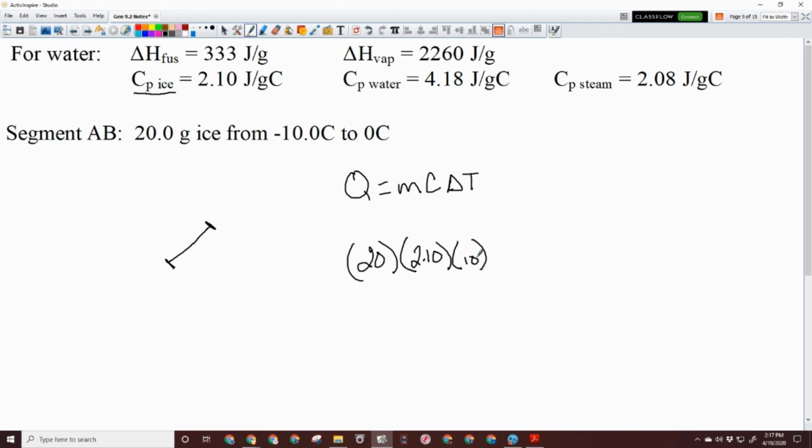All right, so multiply these 3 numbers together. 20 times 10 is 200, times 2.10.